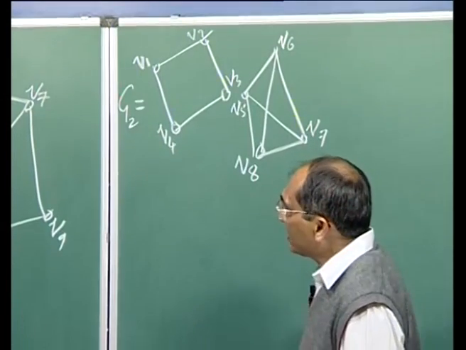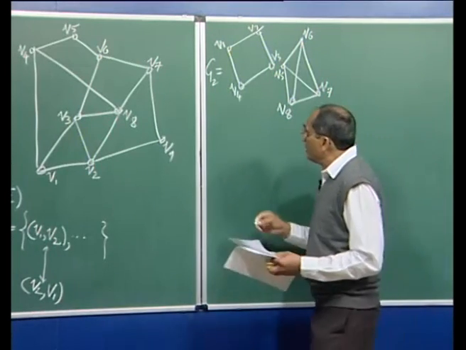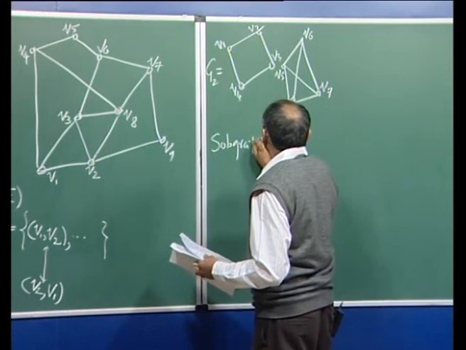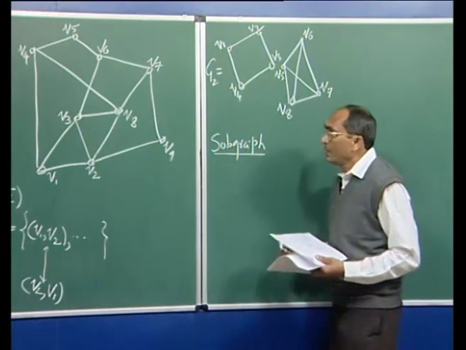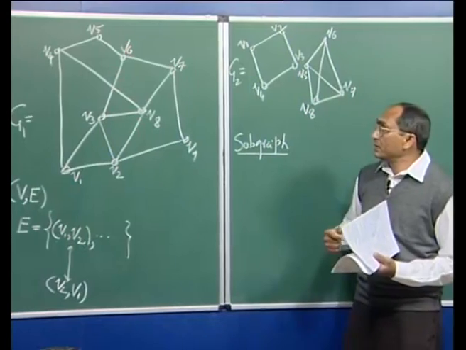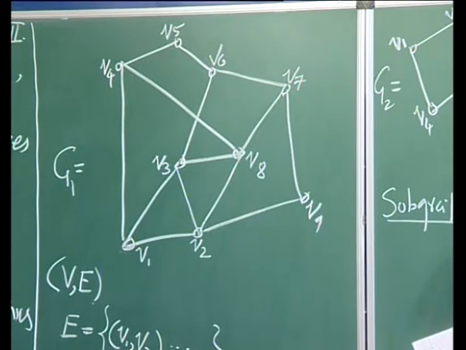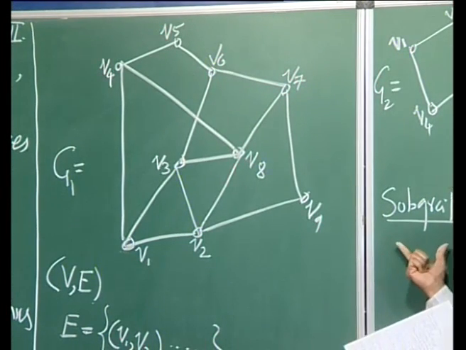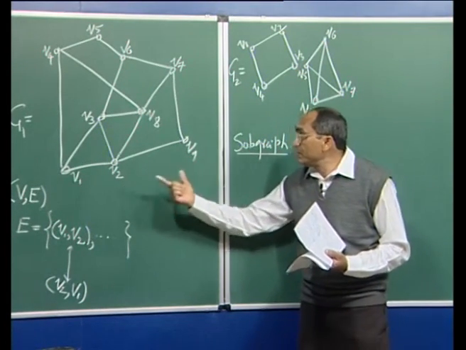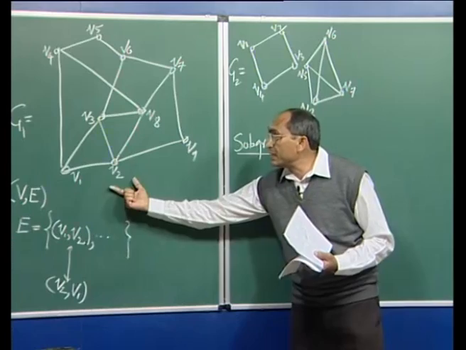Okay. Now, I am going to describe some of the concepts related to graphs. A subgraph of a given graph, for example, say I have G1, a subgraph of G1 is another graph where the vertex set of the subgraph is a subset of the vertex set of the mother graph G1, and the edge set of the subgraph is also a subset of the edge set of the mother graph.